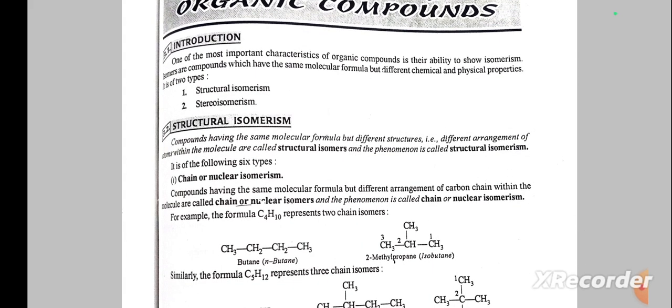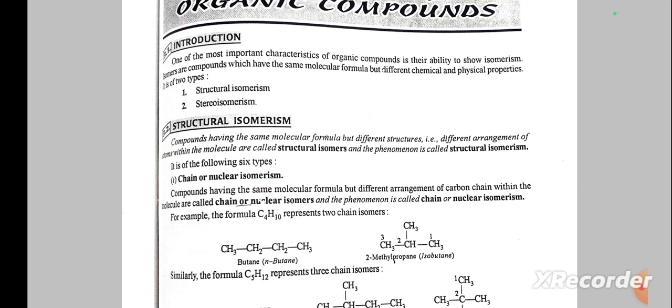Structural isomers are compounds having the same molecular formula but different structure, that is, a different arrangement of atoms within the molecule, and the phenomenon is called structural isomerism.